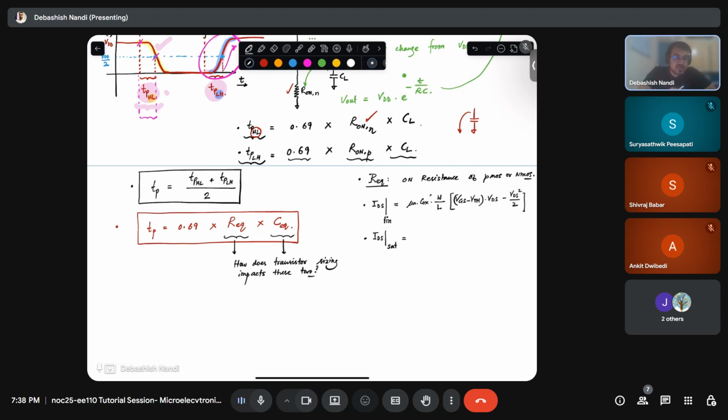So this is your linear region formula, and your saturation region formula is VGS minus VTH whole square times 1 plus lambda VDS, right? Now what is your R on? 1 over GDS.